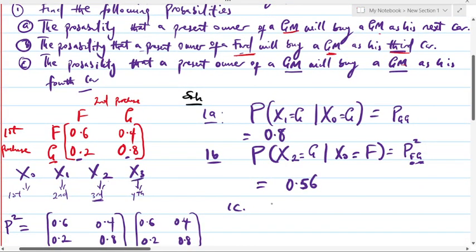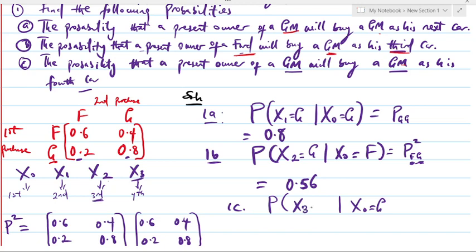That is the probability of transiting from GM to GM over step 3.